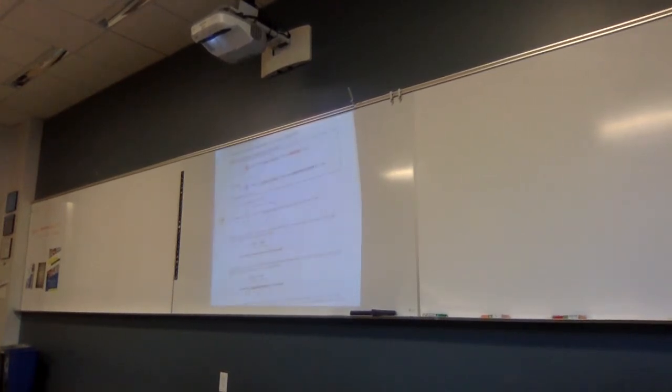So I start at 2. That's my a. I know that I'm worried about being 3 units away, so I go 3 units this way and 3 units this way.